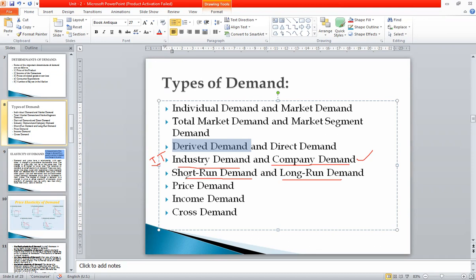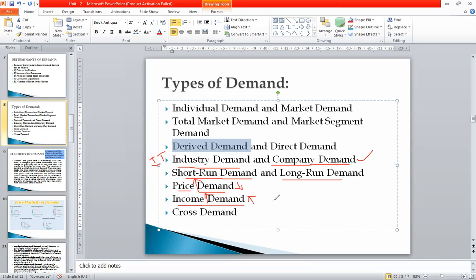Price demand and income demand are the two factors we need to consider. When we see the law of demand, when the price of a product increases, the demand decreases. But income demand is certainly different. When income increases, demand also increases.